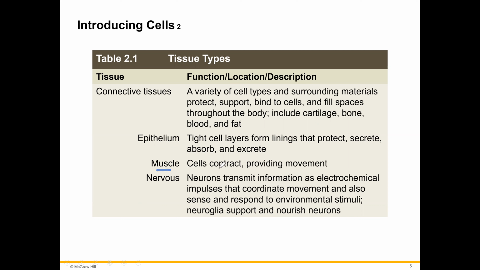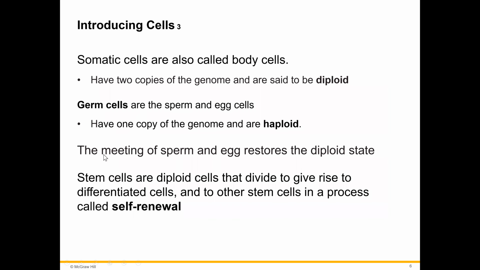Muscle cells contract, providing movement. Nervous cells, neurons, transmit information as electrochemical impulses that coordinate movement and also sense and respond to environmental stimuli. Nervous tissue is also made from supporting cells called neuroglia that support and nourish neurons. So those are the 4 major tissue types of the human body: connective, epithelial, muscle, and nervous.